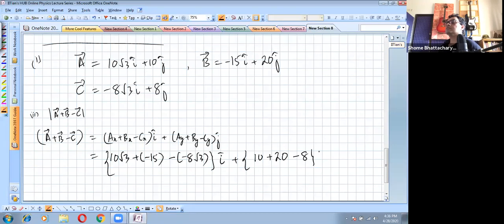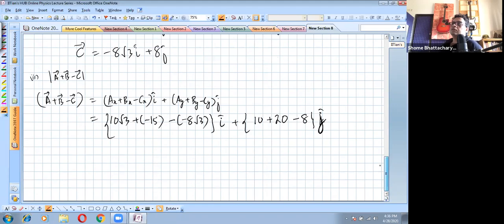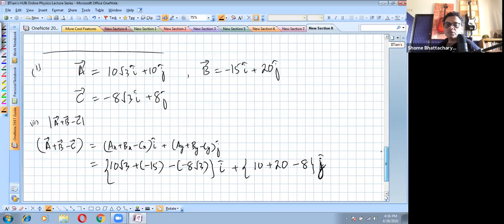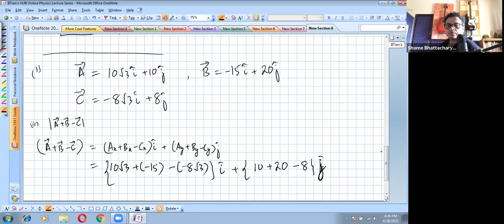So it becomes this. All right, so this becomes a vector. So hope this is all right now. All right, so all these parts are clear now.